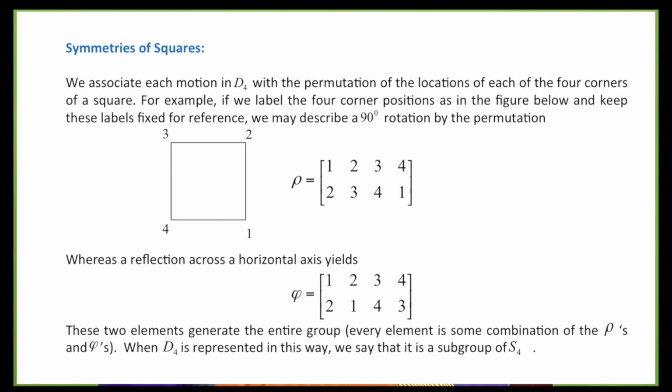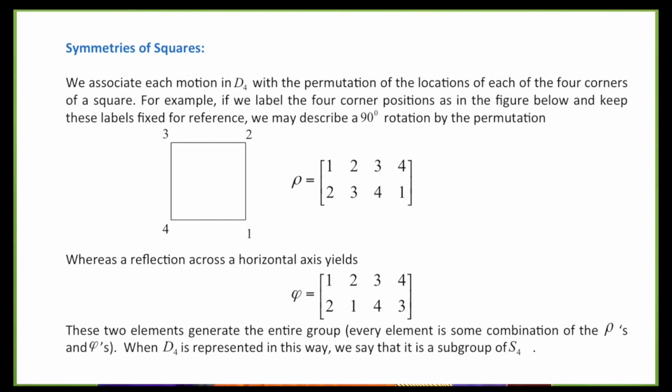For example, if we label the 4 corner positions as in the figure and keep these labels fixed for reference, we may describe a 90-degree rotation by the permutation rho, the matrix 1, 2, 3, 4 over 2, 3, 4, 1, whereas a reflection across a horizontal axis yields pi, the matrix 1, 2, 3, 4 over 2, 1, 4, 3. These two elements generate the entire group.